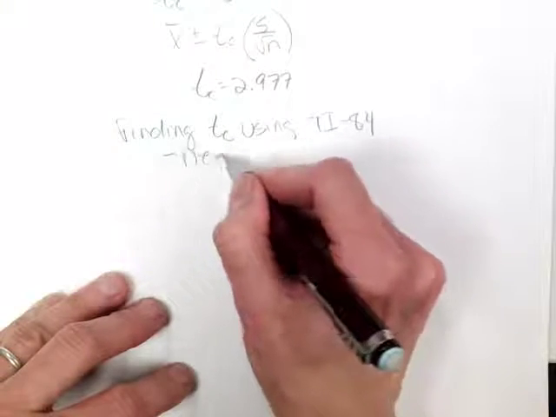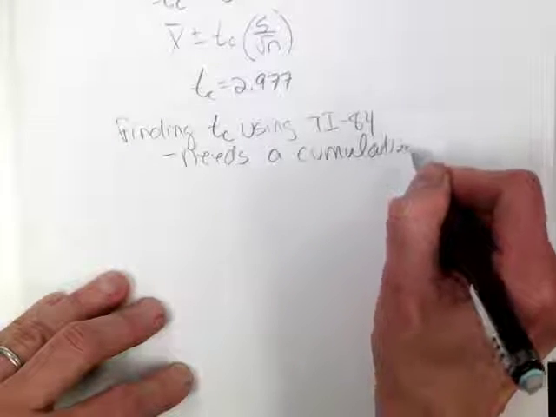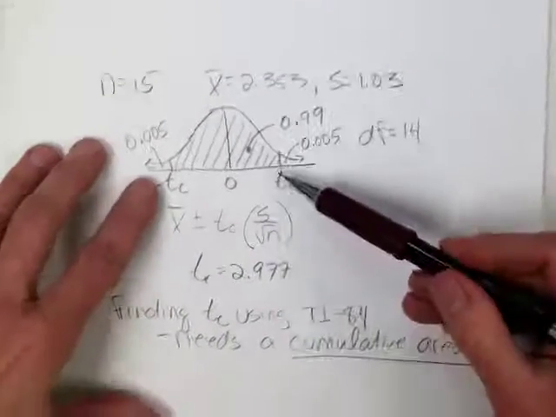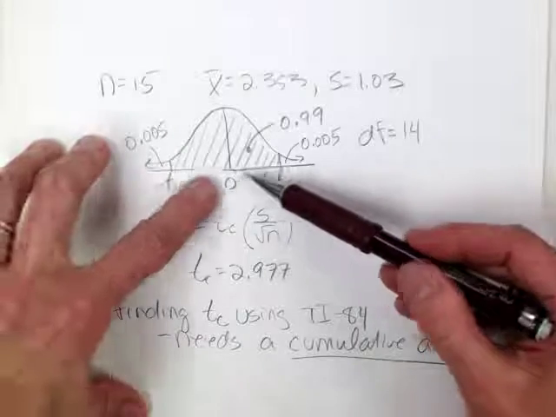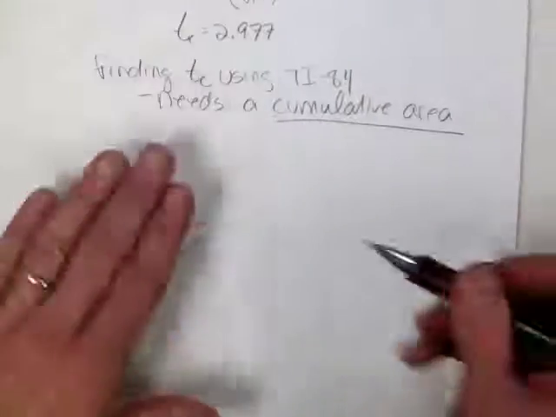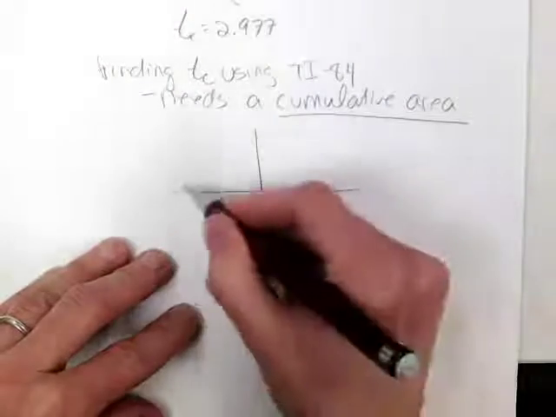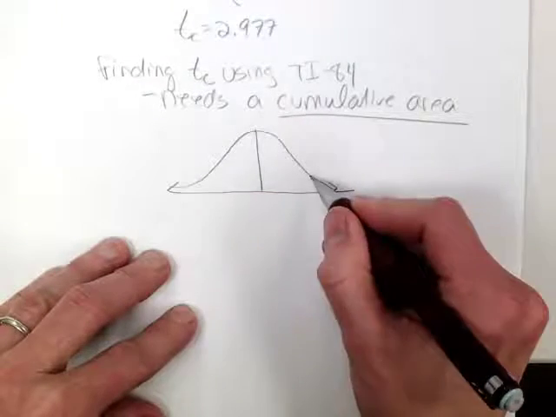Let me underscore that, because when we used the table, we weren't finding a cumulative area. We were partitioning the area symmetrically, which is the correct thing to do. However, when we're using the TI-84, it's expecting a cumulative area from negative infinity up to your value in question.